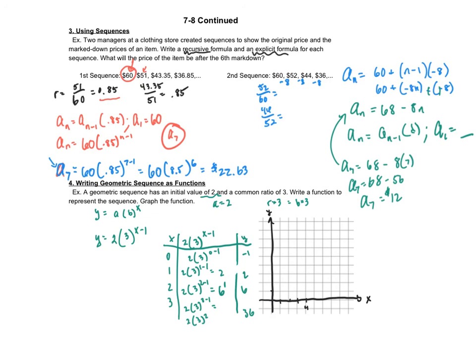So there's 9. Let's see here if I go by 2s. I wonder if that'll get me there. 2, 4, 6, 8, 10, 12, 14, 16, 18. Close enough. So I'm going to start with my points, and I have 0, -1, so that would be right there. I have 1, 2, and 2, I'm going to have 6.